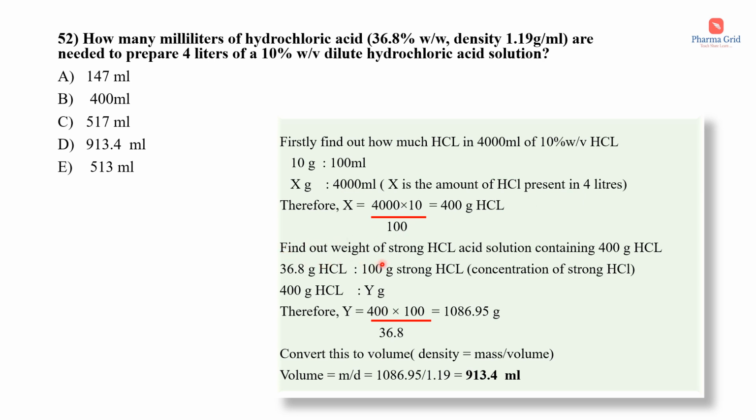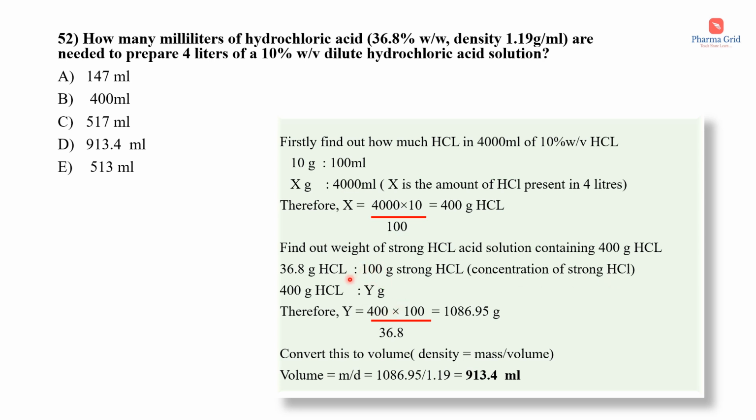Now we can find out the weight of strong hydrochloric acid solution containing 400 gram HCl, and the strength of strong hydrochloric acid is given as 36.8% weight by weight. That is 36.8 gram hydrochloric acid is present in 100 gram strong hydrochloric acid solution. So this is the concentration of strong hydrochloric acid.